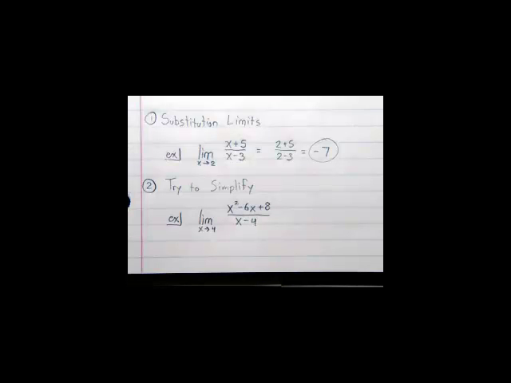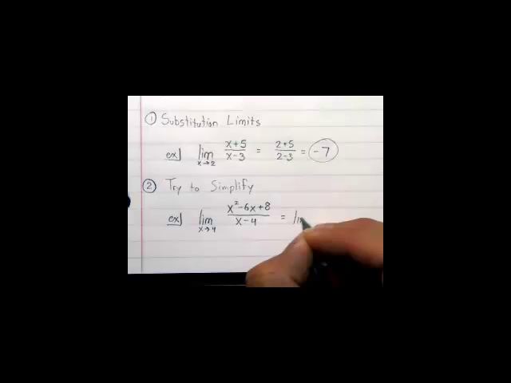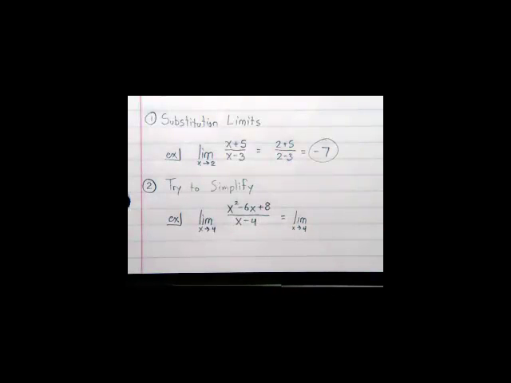Okay? So x squared minus 6x plus 8. You guys factor that for me here. What are our two factors for that? There you go. Yeah.